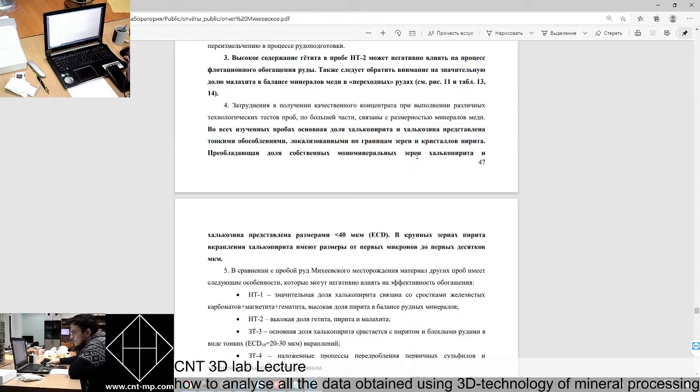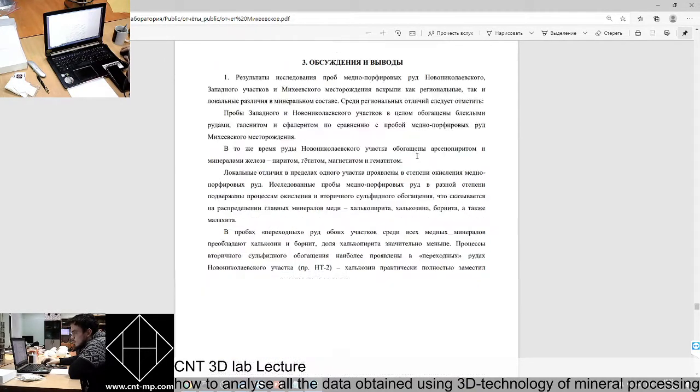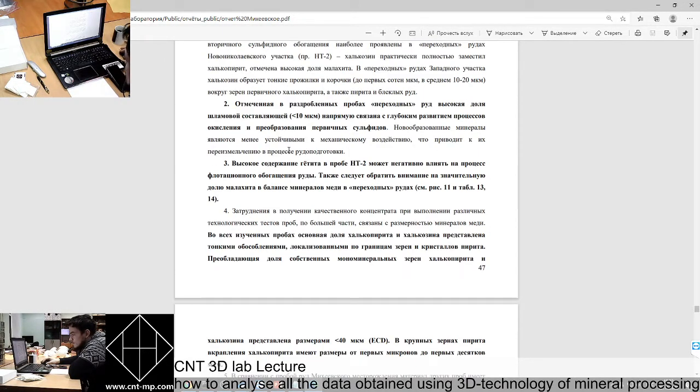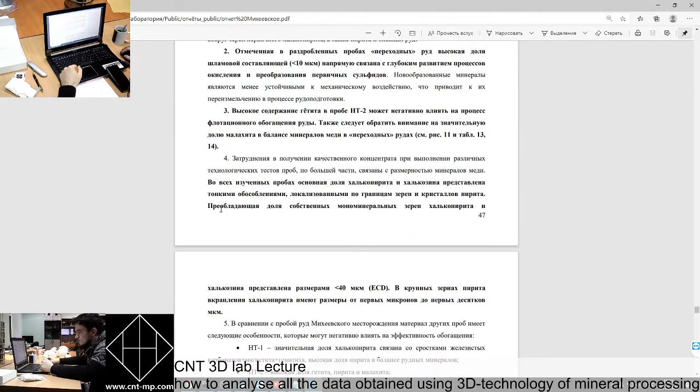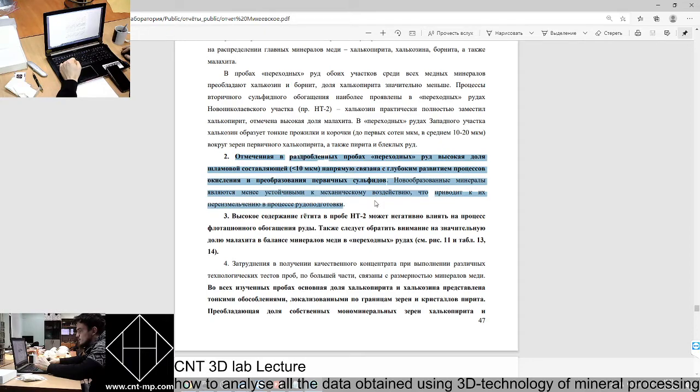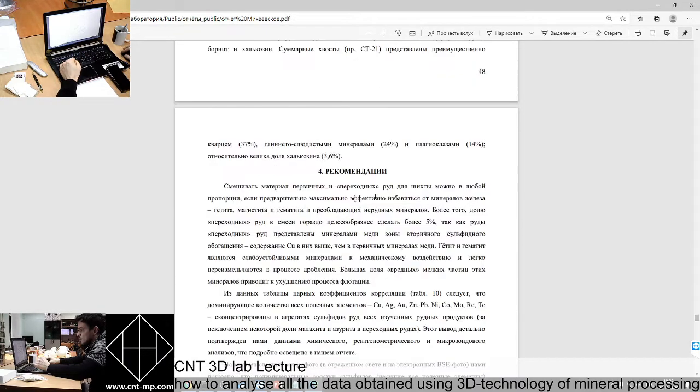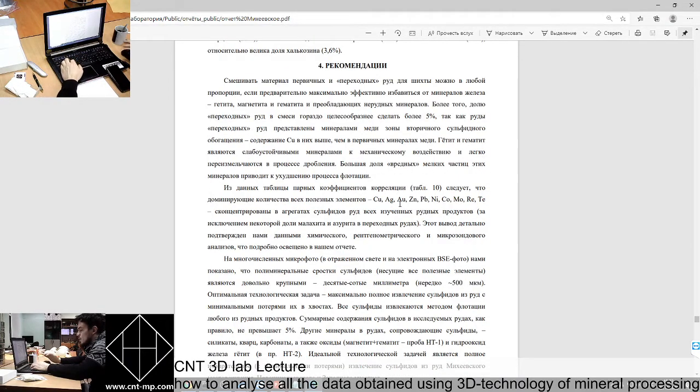And in the end we talk about what we observed, what we analyzed. We make several conclusions and build special recommendations on what we have to do more to analyze better, to close the white spots in our reports.